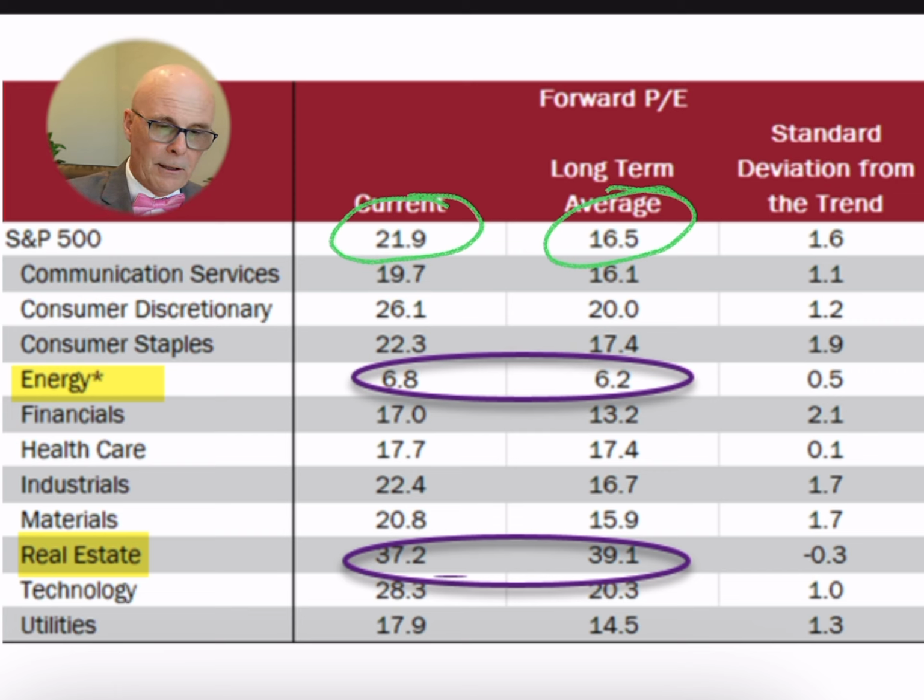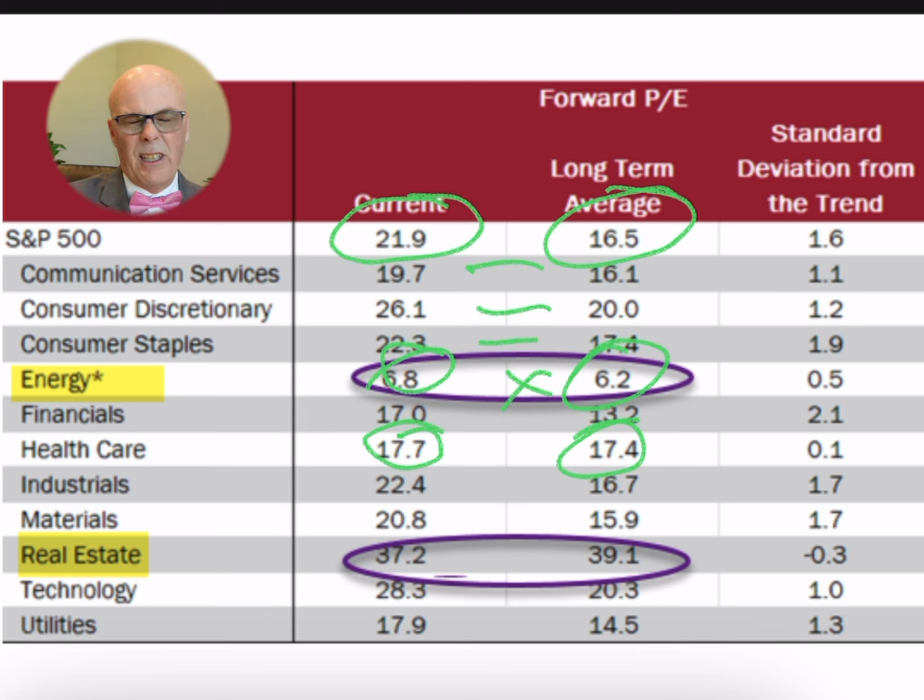Well, if you look down the line, almost every single sector is ahead of its average PE ratio, with the exception of just a few. I highlight energy, which is a favorite of mine, which is pretty much in line with its long-term PE of around 6.2. It's currently trading at around 6.8. Another one that's pretty in line, which I didn't highlight, is healthcare, 17.7 versus 17.4.